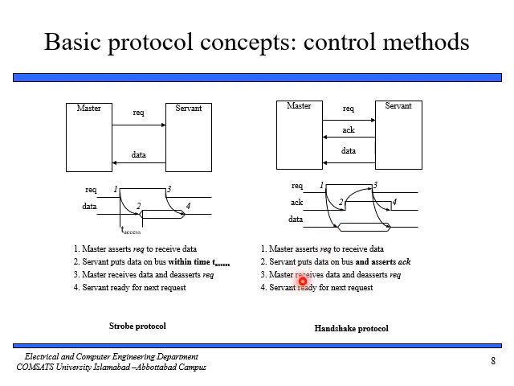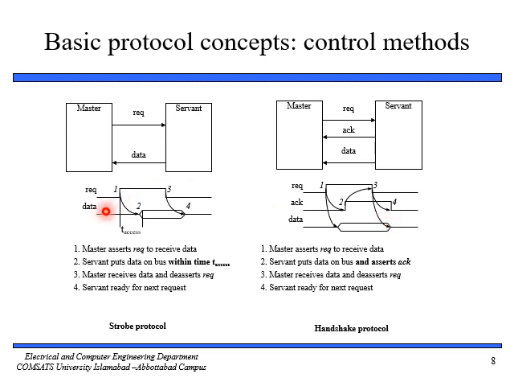In 3, master received data, so master will deassert request. So here the request is deasserted. Now here at 4 the servant will be ready for the next request, and here we have the end of data receiving.